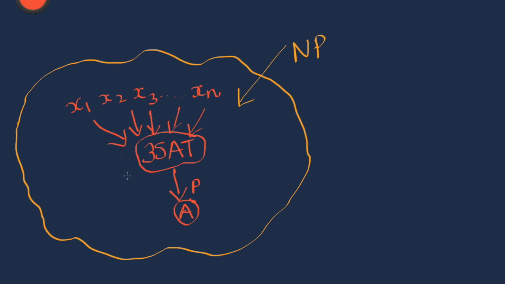This also implies that every problem x1, x2, x3, and xn, which is in NP, is reduced in polynomial time to our problem A, and that is the definition of NP complete.